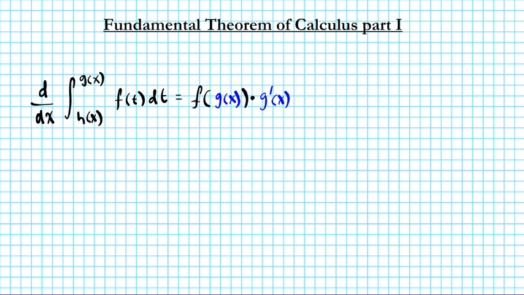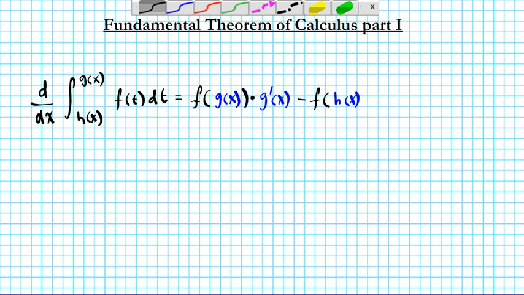Alright? And then minus, don't forget, there is a minus. Now you're going to do the same thing with the lower limit of integration. It's going to be f of, instead of t, you plug in h, so you compose f with h: f of h of x, times the derivative of the lower limit, h prime of x.